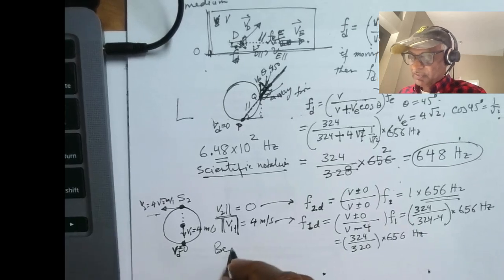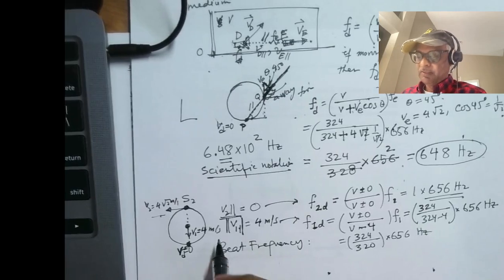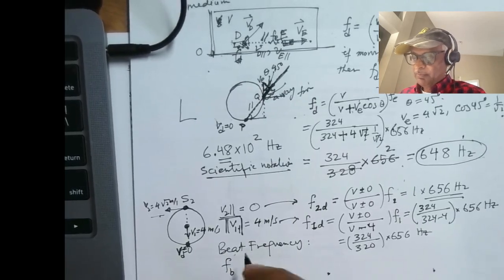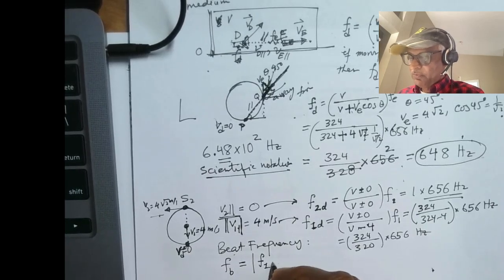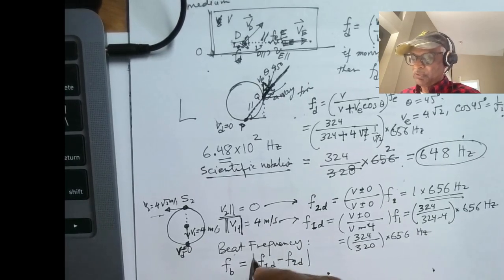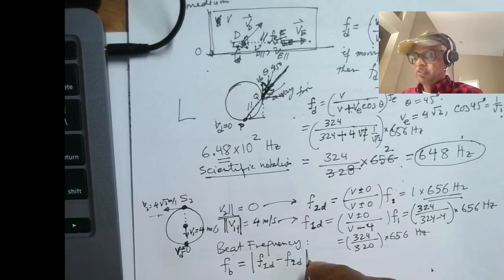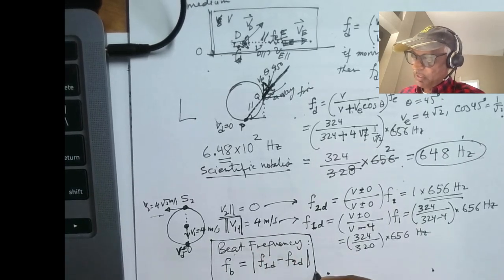So beat frequency: F beat is equal to the difference between F1 detected and F2 detected. So the difference between the two, an absolute value. This you have to remember. So this is the thing you have to remember.